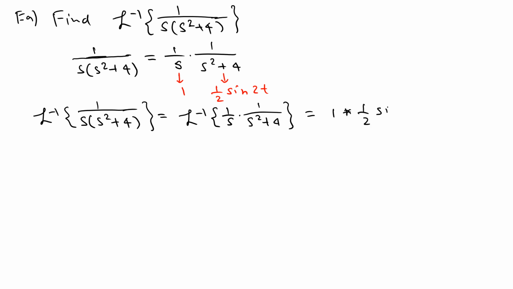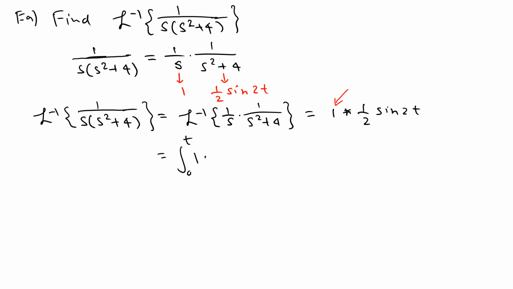1/2 sine 2t. Actually, when you have a constant, it makes the calculation much simpler, because you can put the t minus tau into the constant function, which means it doesn't do anything. So by the definition of the convolution, 0 to t, we have 1.